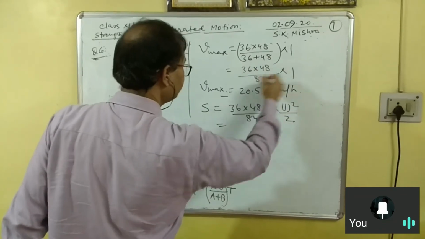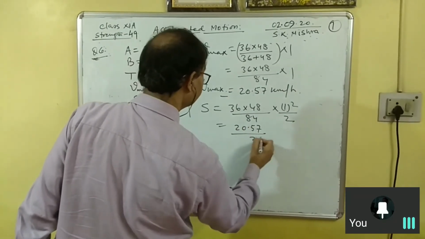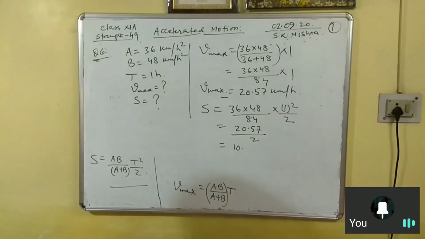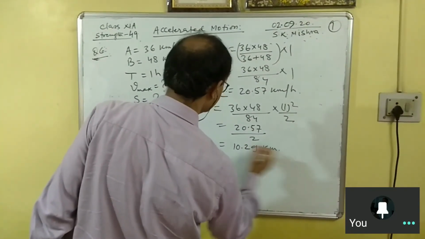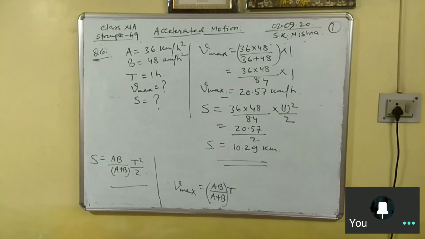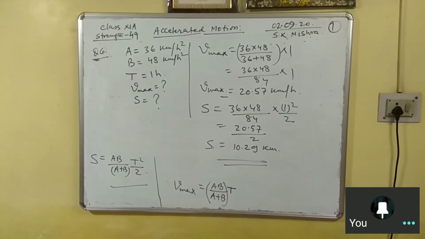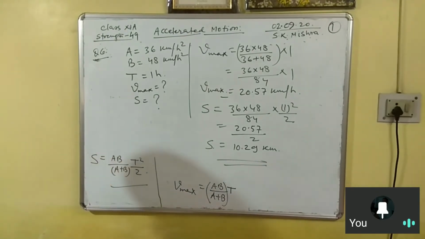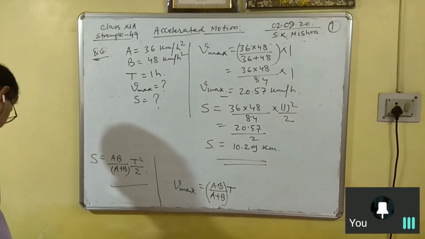Because this portion is already calculated, 20.57 divided by 2 is 10.29 kilometer. You can solve it. Not a difficult task. You have to multiply and divide. Just putting it in the formula, you will get the result. Or you can do it by the direct method also. If you forget the formula, you can do it directly.